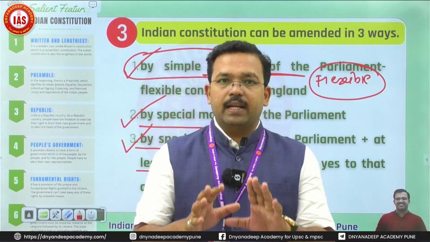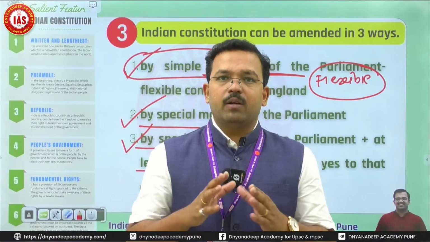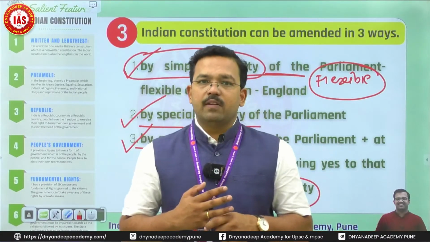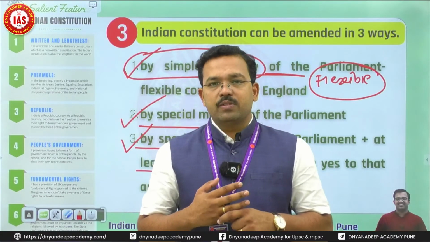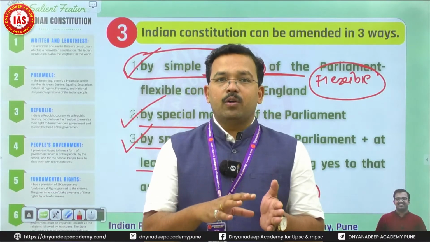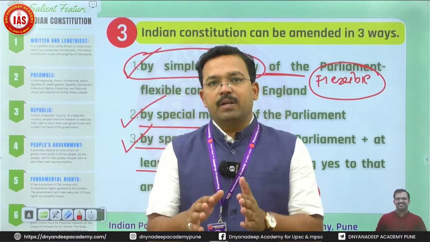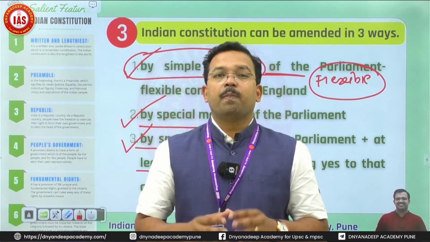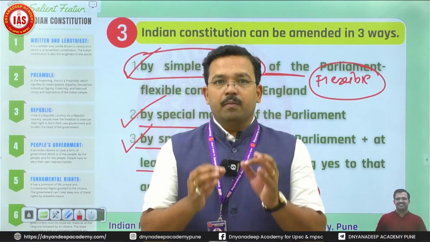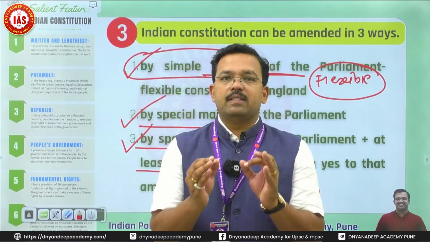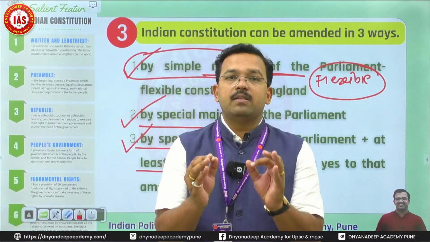Article 368 has mentioned that we can amend the Constitution by simple majority. But the Constitution itself says that those amendments made by simple majority of Parliament need not be treated as amendments under Article 368 of the Indian Constitution. Why is it so? Because by simple majority, we make only cosmetic changes and not fundamental changes.